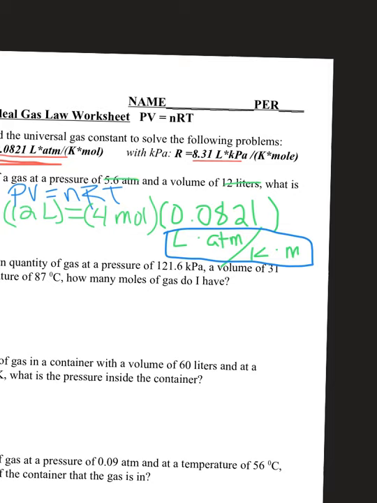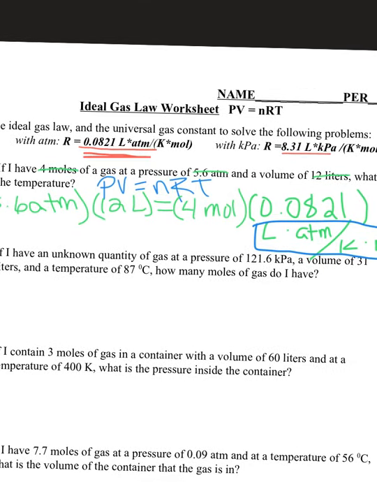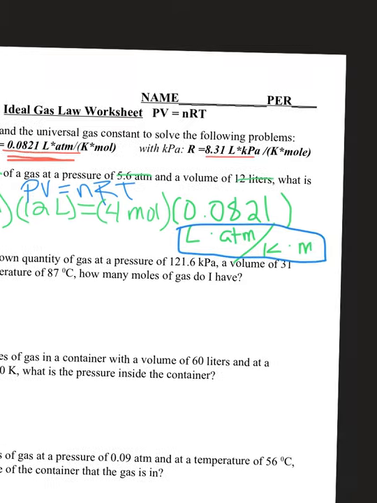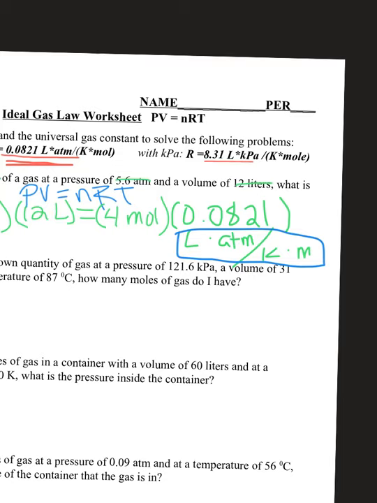So now we need to plug in something for the last variable. The last variable is T. Now the problem is asking us to solve for temperature. So I'm going to put T.